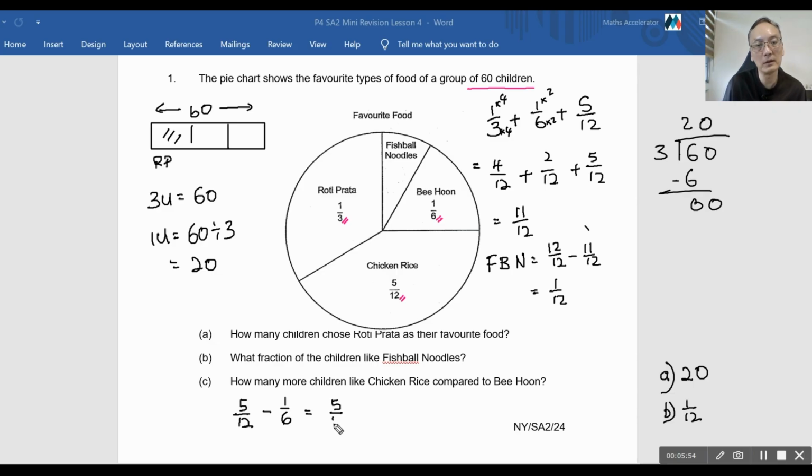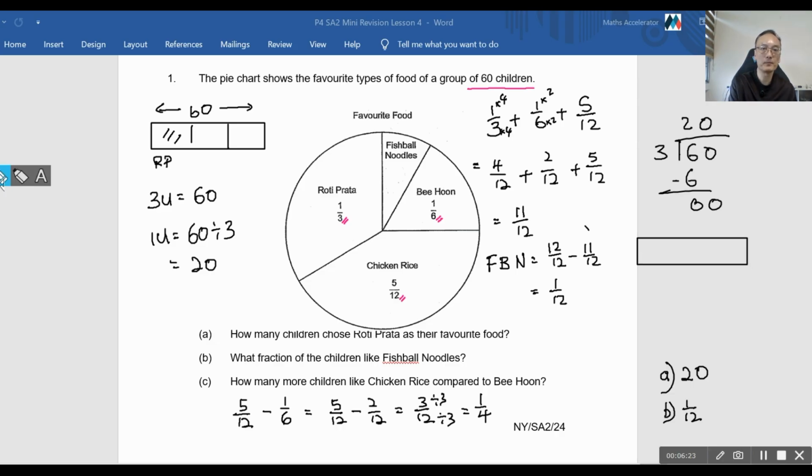So 5/12 minus 2/12, and we will arrive at 3/12. 3/12, we can further simplify, top and bottom divide by 3, and we will get 1/4. So we know that the difference between these 2 groups of children is 1/4. Okay. So 1/4, we can visualize this way.